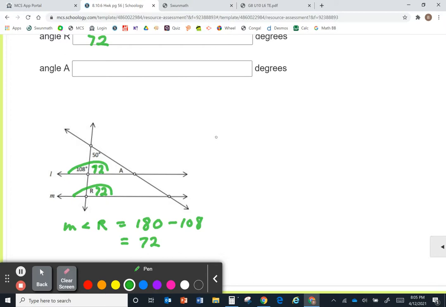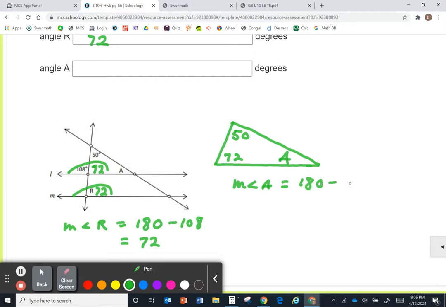Okay, so now we have this triangle. See? Well, this is 72. This is 50. Here's angle A. So the measure of angle A is going to be 180 minus 50 minus 72.